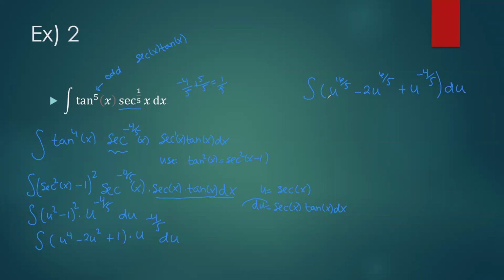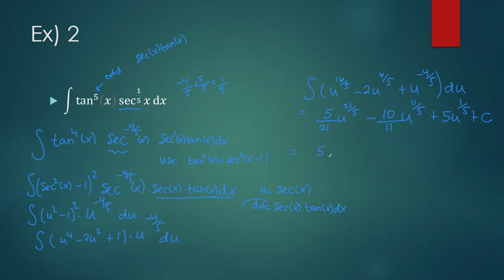And then just integrate each term. So this would be 5/21 u to the 21/5 minus 10/11 u to the 11/5 plus 5u to the 1/5 plus c. And then lastly, just replace your u with secant.